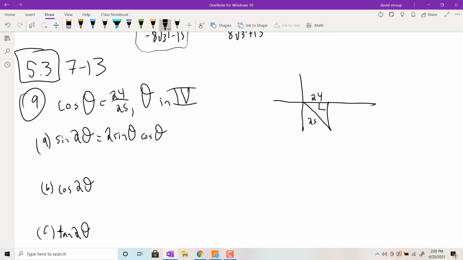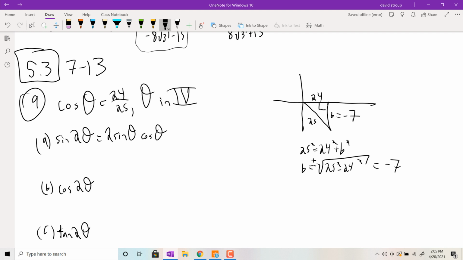So if this is b, it will be 25 squared equals 24 squared plus b squared. So b will be the square root of 25 squared minus 24 squared, which is, and it's plus or minus, because b will have to be negative in this case, so negative 7.